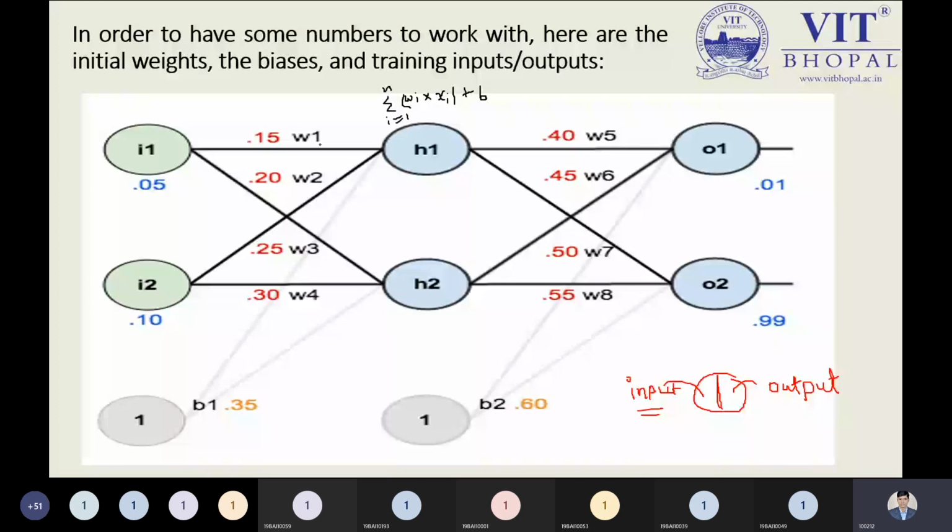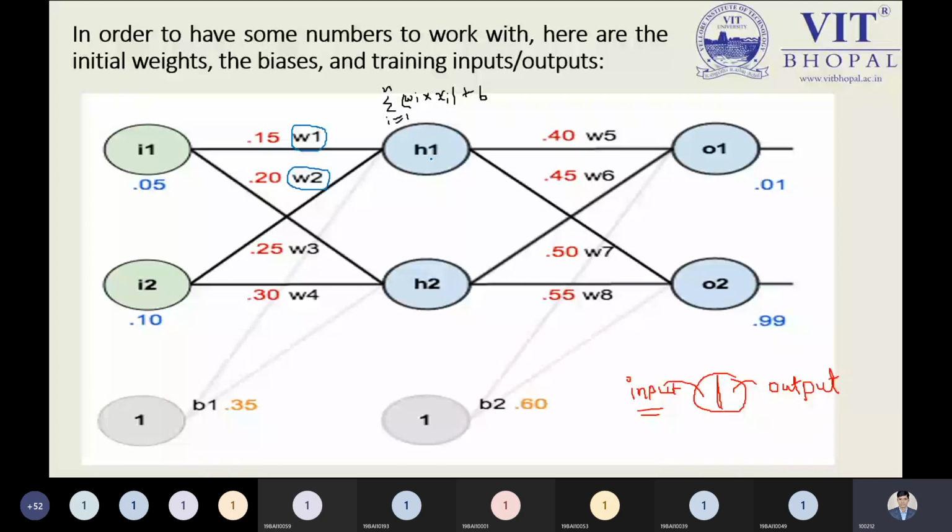For your help, I'm marking things so it is perfectly clear to you. W1 is a weight, W2 is a weight; W2 is the weight of I2, and I1 also has a weight W1. With this perspective, if we need to calculate the input value of H1, that input value is also known as the net value.